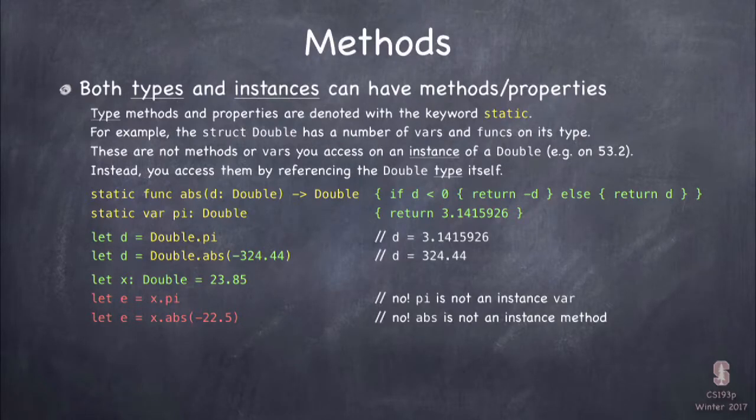Now, for example, you might have an instance method or even an instance var called abs, with no arguments, that you would send to an instance, and it would take the absolute value of the thing you sent it to. But of course the type one has to have an argument because you're sending it to the type double, so there's no instance of a double involved. We got that?